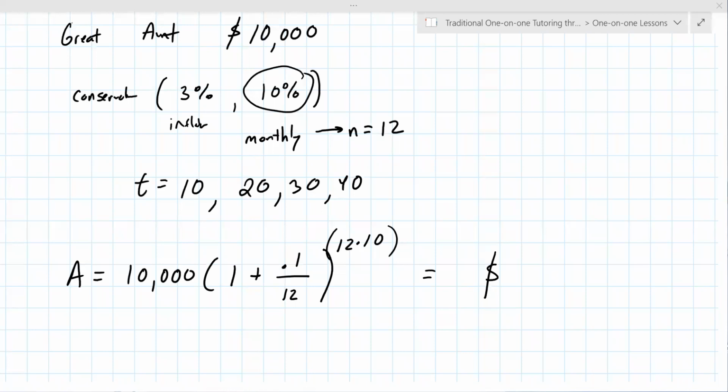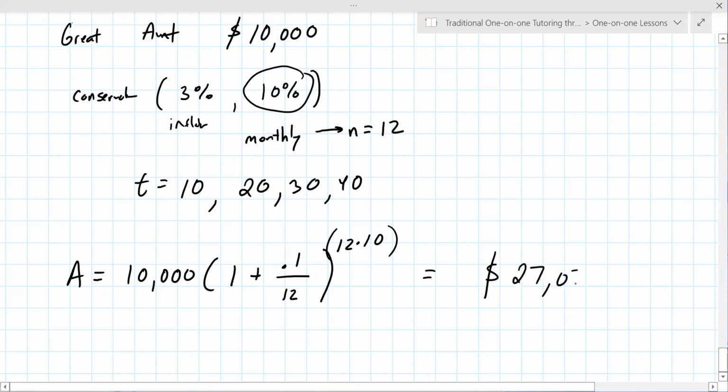So go ahead and punch that in and let me know what you come up with, please. I got $27,070.41. Yes. Cents are important, believe it or not. They compound too.